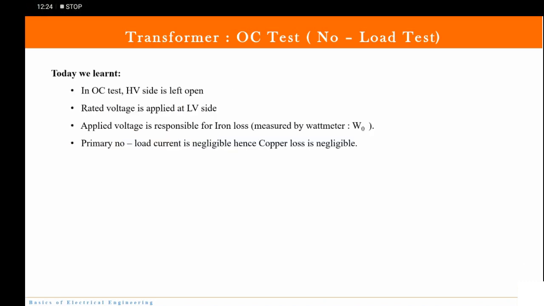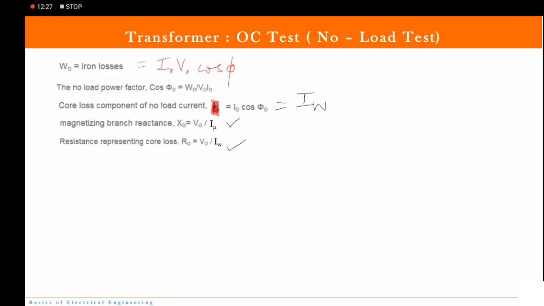Fine. So you must be wondering why these values are written. When we solve the numericals, we will be requiring these equations.